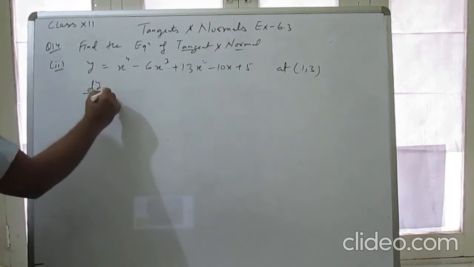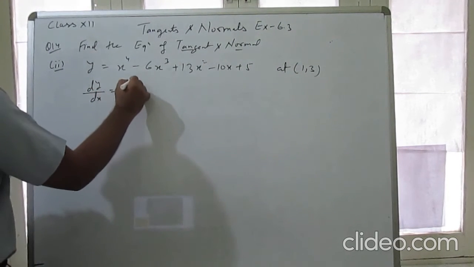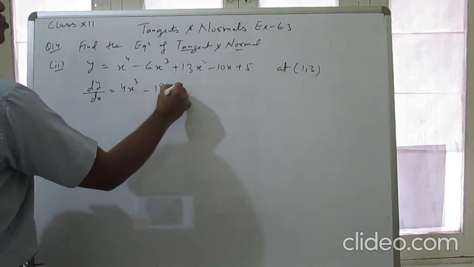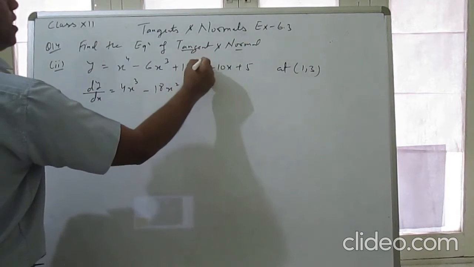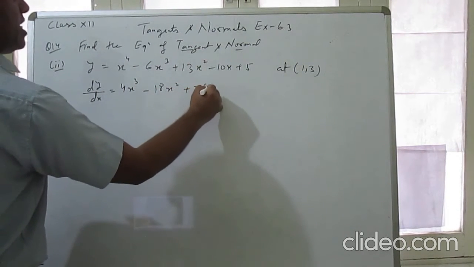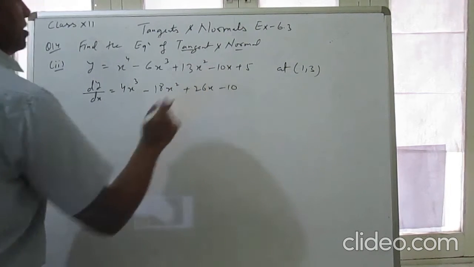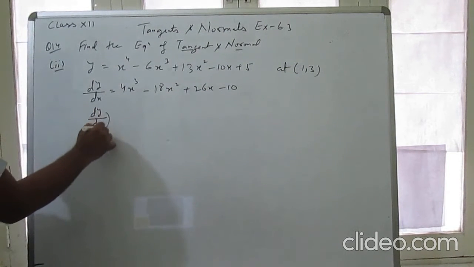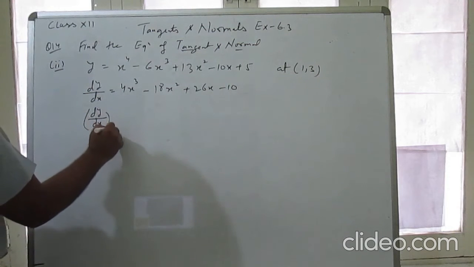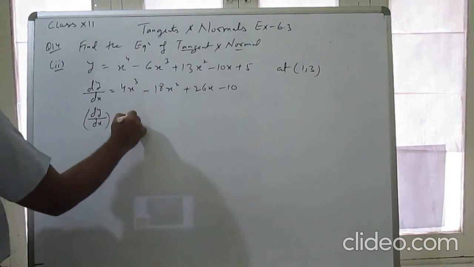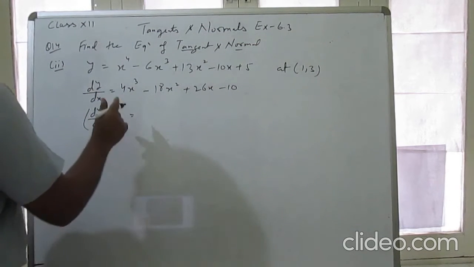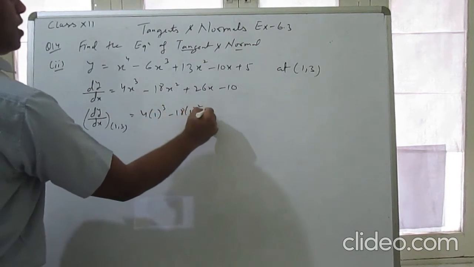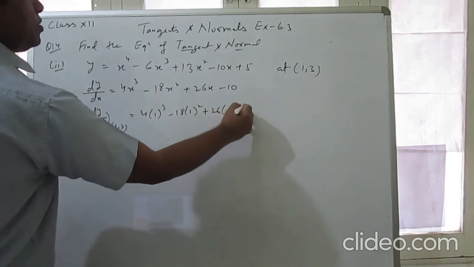dy by dx is equal to 4x cube minus 3 into 6, minus 18x square, it is square I think, plus 26x minus 10. Now dy by dx at x is equal to 1. So 4 times 1 cube minus 18 times 1 square plus 26 times 1 minus 10.